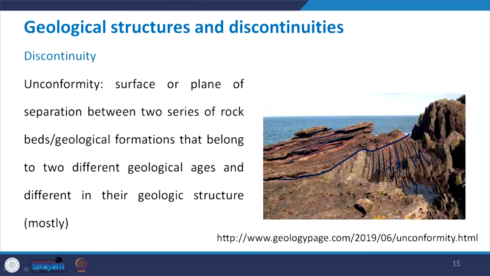Below that you have one rock type, and above that you have another rock type, and this is the plane which is separating these two different types of rock which have different geological structure. This kind of discontinuity is called an unconformity. There are different types of unconformity which can be looked up in any textbook; I have already given you the references.